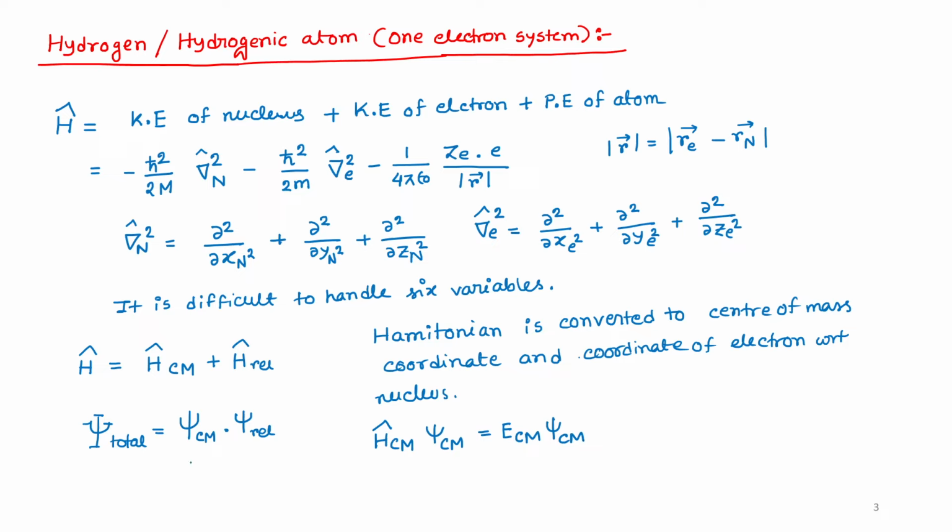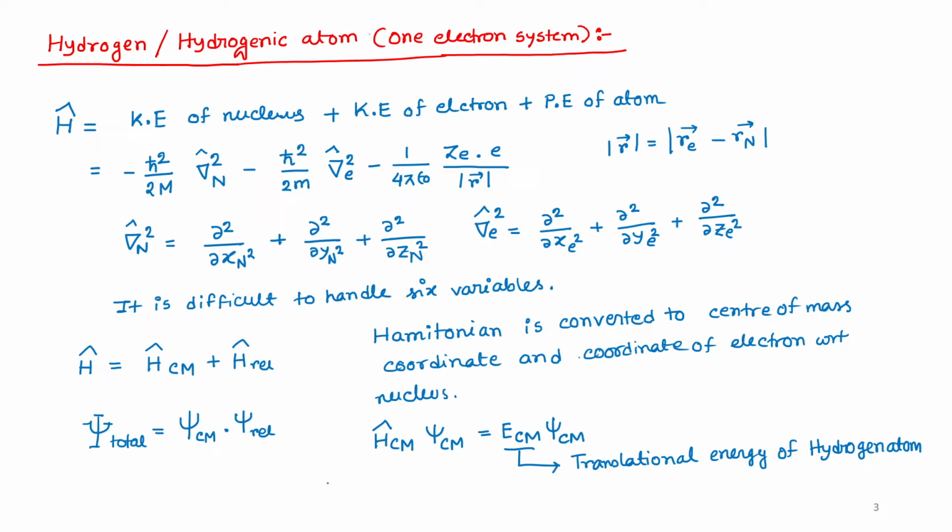So this energy is actually going to be the translational energy of the hydrogen atom as a whole, meaning both nucleus plus electron, because it is coming as a treatment due to the center of mass motion.